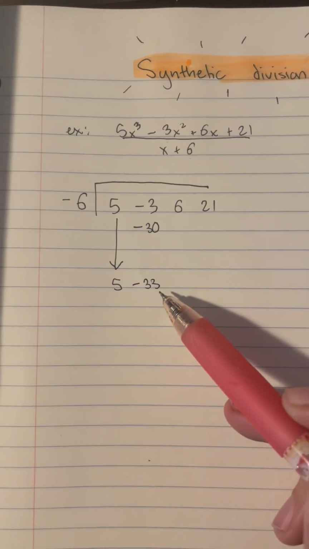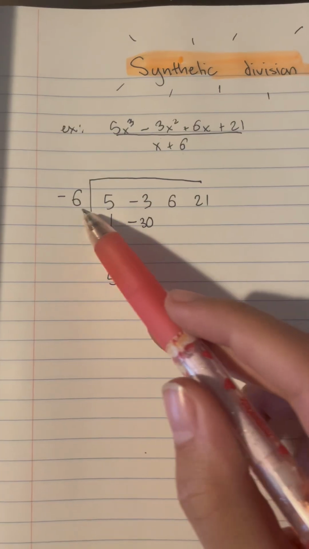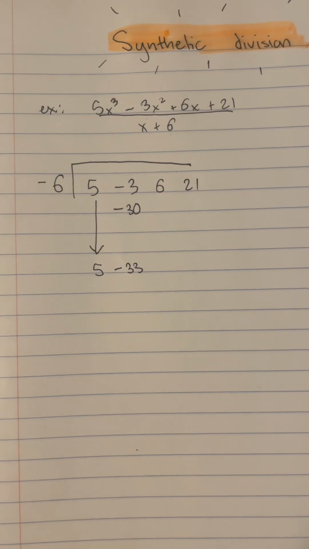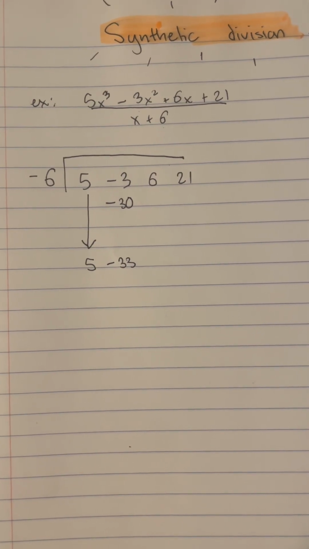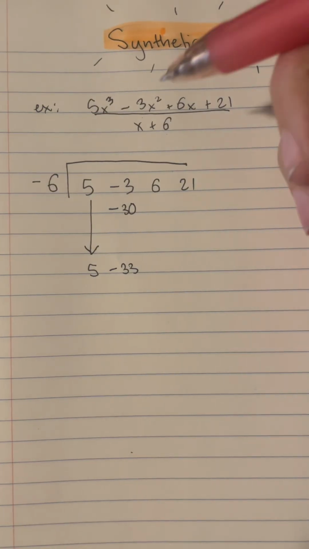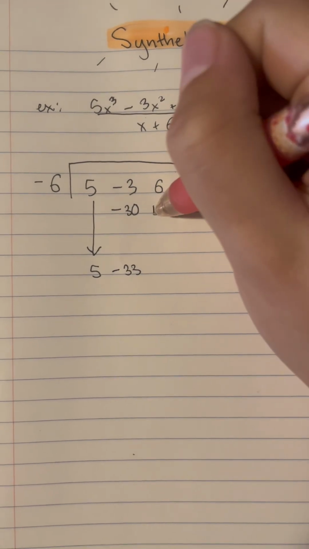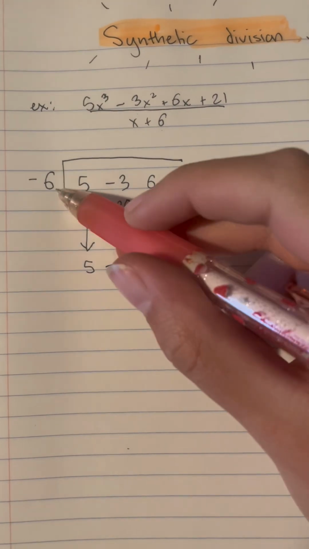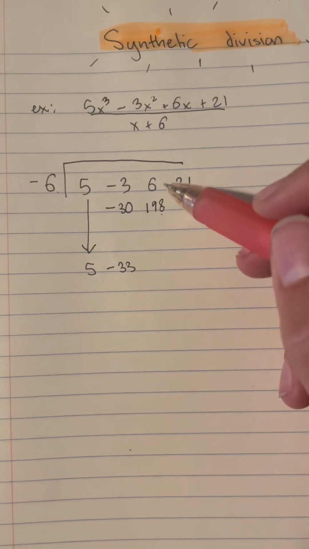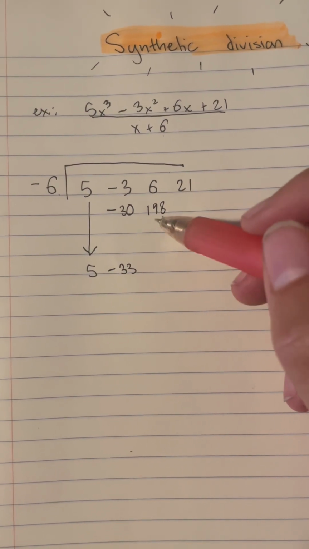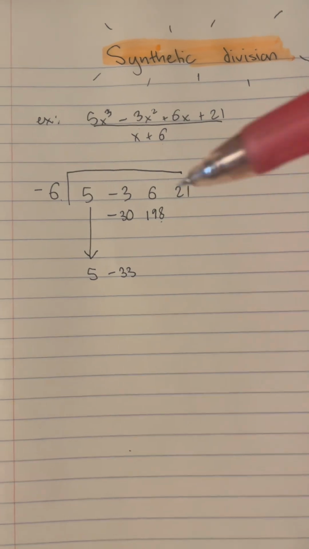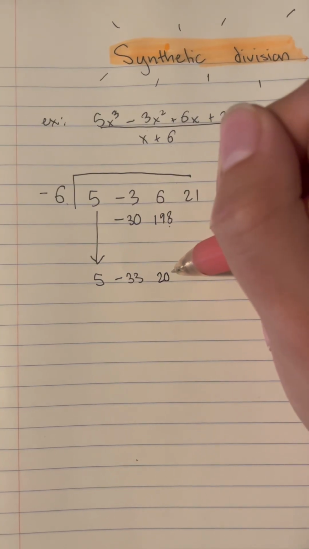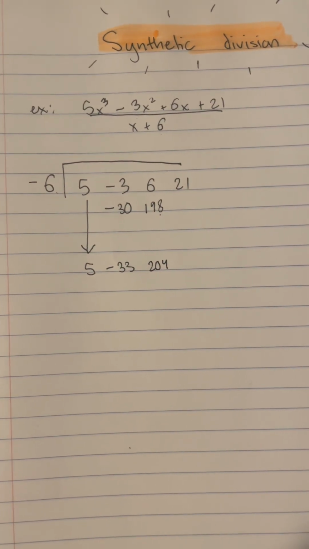Again, you bring a term down here, you multiply by your root. So -33 times -6. The minuses become positive, so you'd have 180 plus 18, so 198. This term that we got by multiplying these two, we are again going to add to the term on top. So this will give us 204, my bad. 204 times -6.